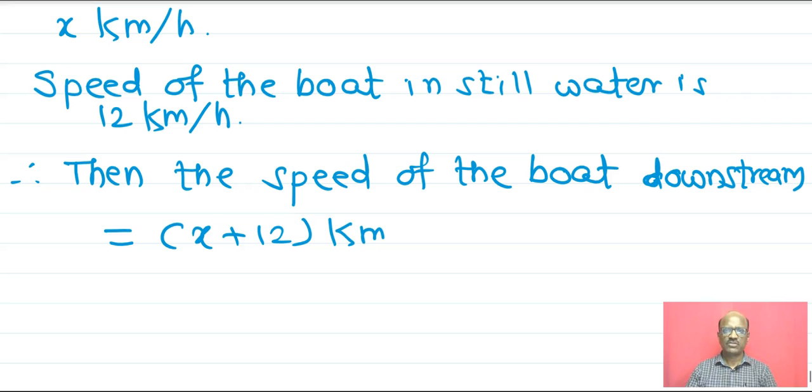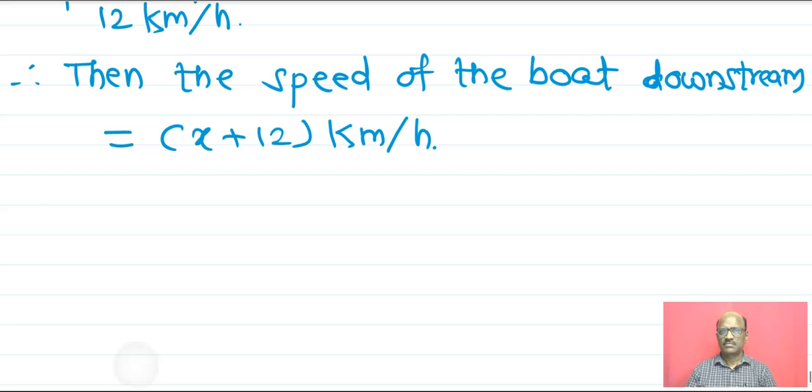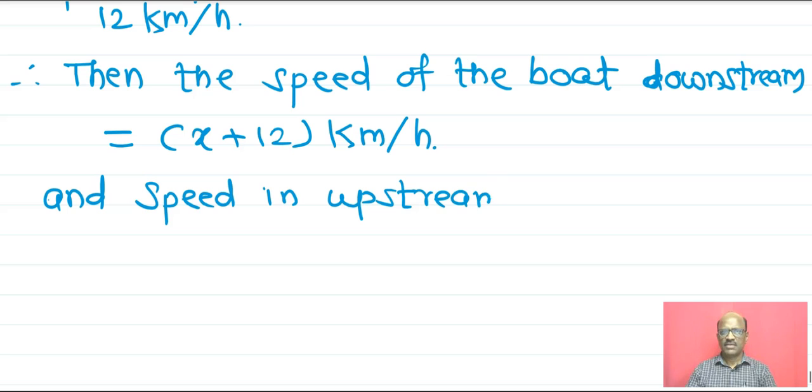Both speeds get added in the direction of the flow, meaning downstream. And the speed in the upstream is equal to 12 minus x km per hour.